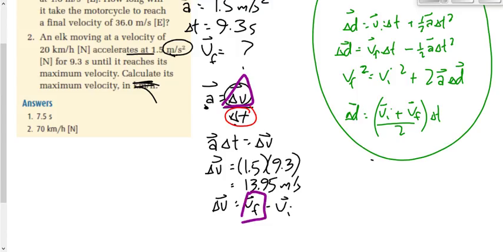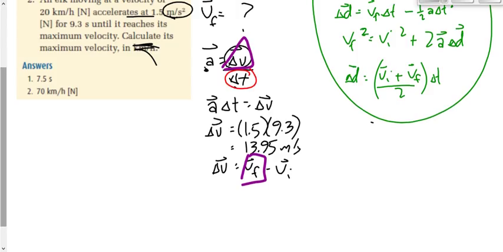VF. So get rid of what's not attached. What's not attached to VF? VI. How do I take it over? Adding. It's subtracted, so take it over by adding. And I get delta V plus VI equals VF. Or VF is equal to delta V, which I already know what that is.